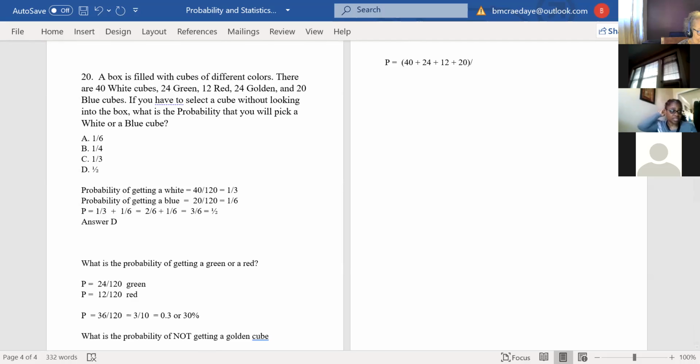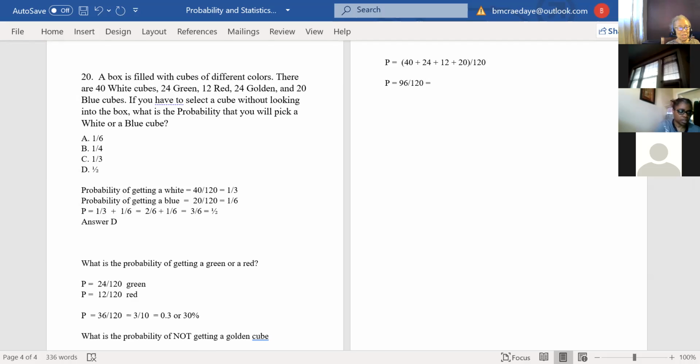So the sum is 96. 96 divided by 120. What is that equal to?